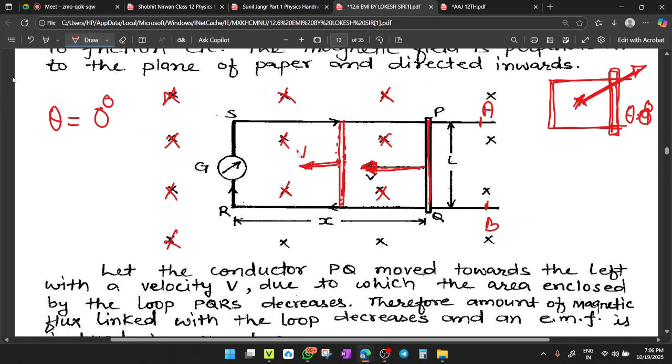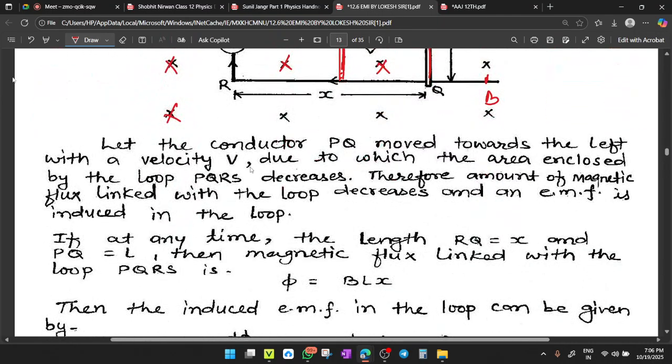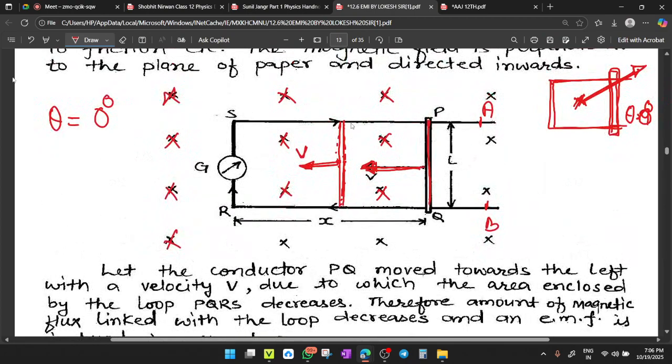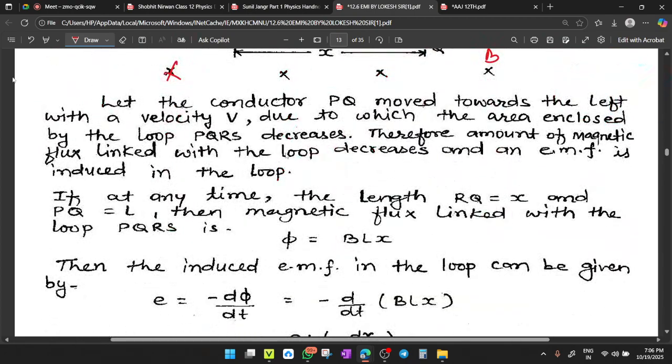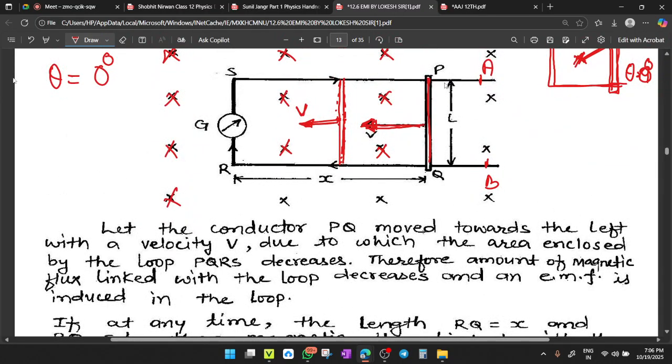You move this conductor branch PQ with a constant velocity v, due to which the area enclosed by the loop PQRS decreases, because previously PQ was here, but after moving up to here, the loop has a new, decreased area.